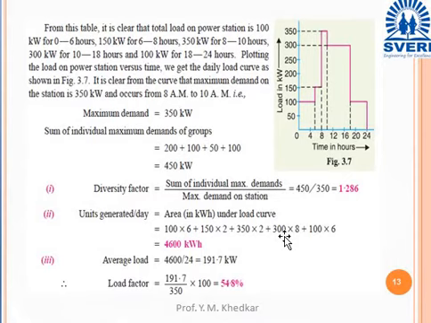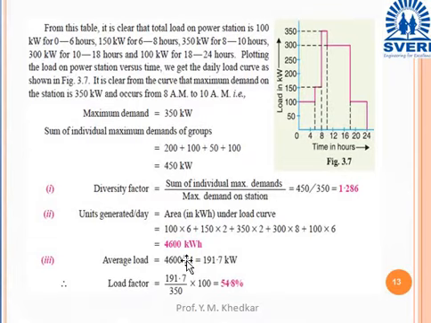So the area under the load curve means 100 multiplied by 6 plus 150 multiplied by 2 plus 350 multiplied by 2 plus 300 multiplied by 8 and 100 multiplied by 6.